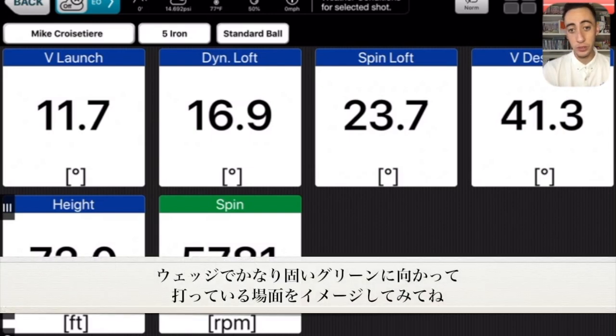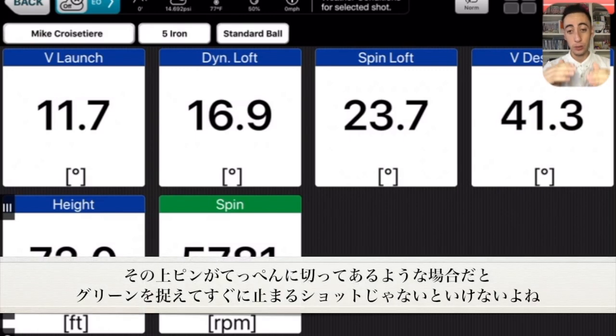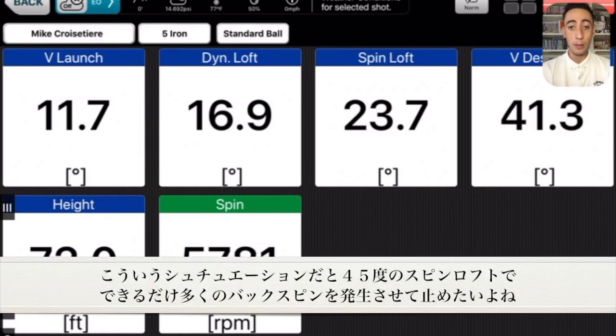To give you a quick example, let's say I'm hitting a wedge into a green, and the green is very, very firm, and the pin is on a little plateau, and you need to stop the golf ball quickly. Well, that would probably be a situation where you'd want close to a 45 degree spin loft to get as much backspin as you possibly could, so you could stop the golf ball very quickly.